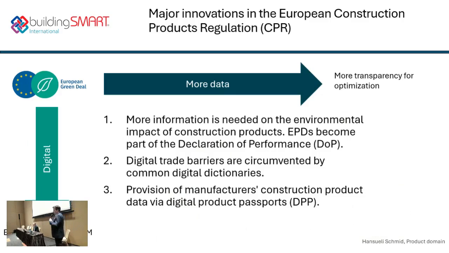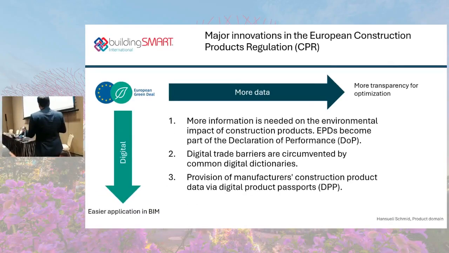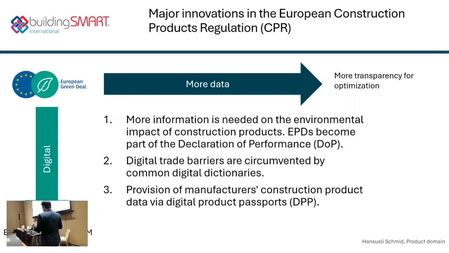We have to change the way we exchange data. So it will be more data and more digital, and that will mean we have to develop solutions like the Digital Product Passport, which is a common framework in which we can deliver data, but also then process the data within the building model.